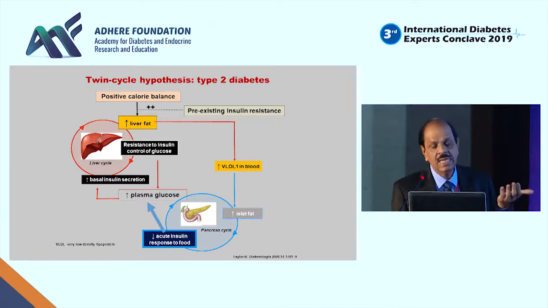The excess VLDL produced from the liver fat also goes to the islets of the pancreas and produces lipotoxicity in the islets, and that again produces a decreased insulin response to food. And that's how this twin cycle between the pancreas and the liver is responsible for this kind of diabetes hypothesis.